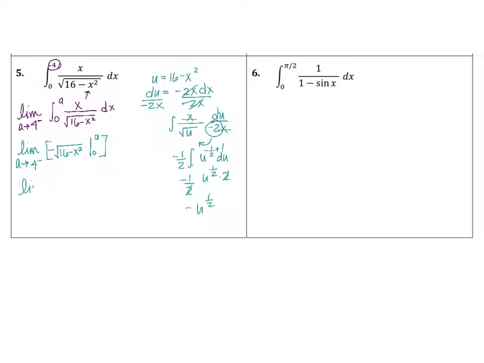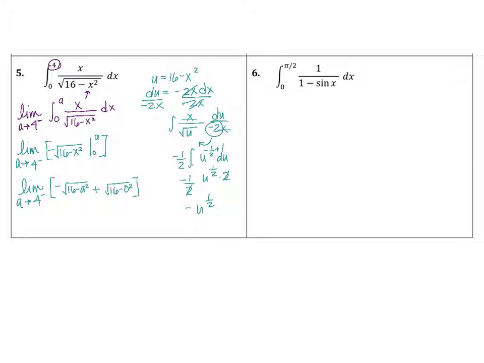So we have the limit as a approaches 4 from the left, and if we substitute in, we're going to have negative square root of 16 minus a squared, and then minus the negative, so plus the square root of 16 minus 0 squared.